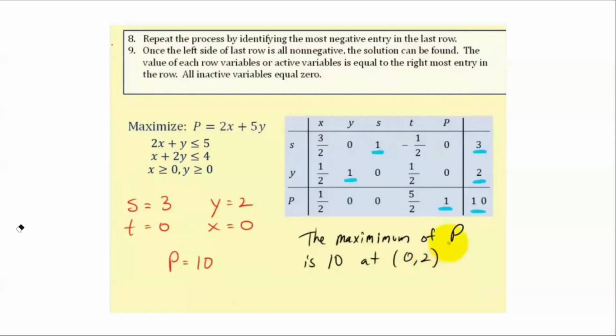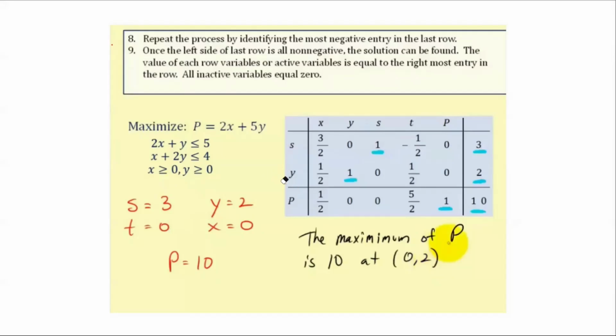We can now conclude that the maximum of P is 10, and it happens when S is 3, Y is 2, T is 0, and X is 0. So these are the variables.